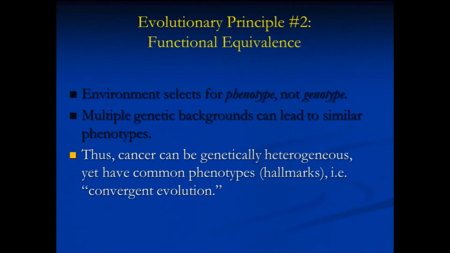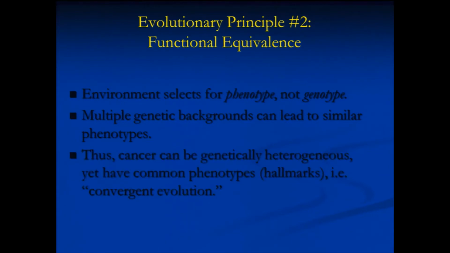And so what's important about this is that rather than necessarily focusing on the genes, it may be important for us in terms of cancer imaging and therapy to focus on these phenotypes and find ways to actually treat or image these phenotypes as opposed to specific genetic markers or pathways.